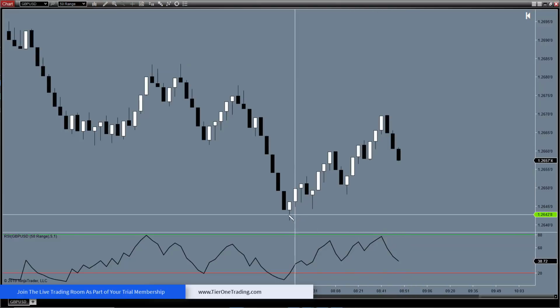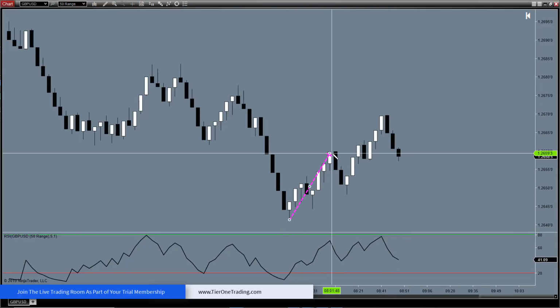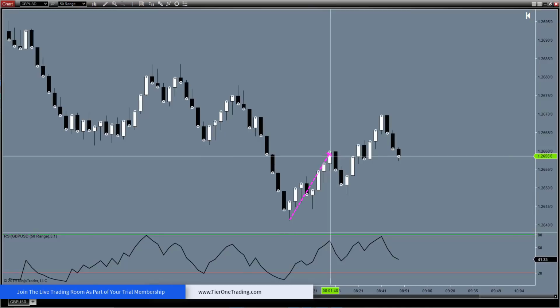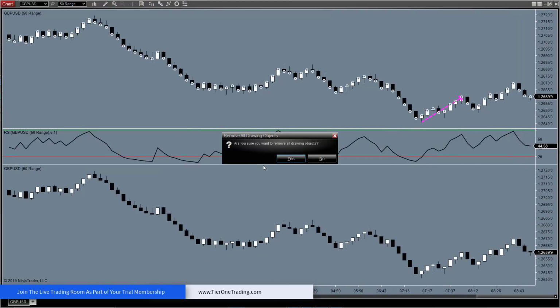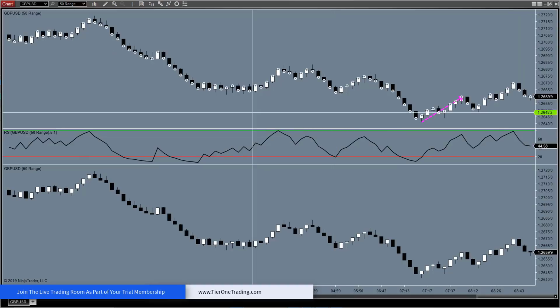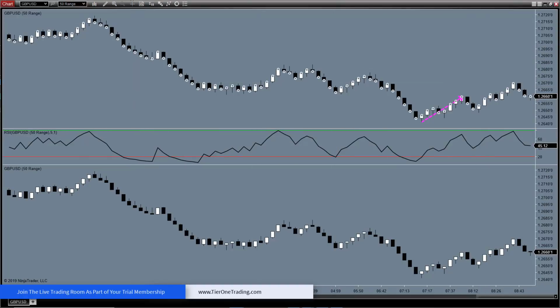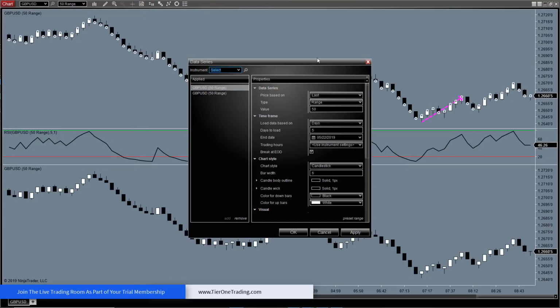So again, here's that complex pullback, basically an AB equals CD pattern. And I just added another chart to my chart. How do I get rid of that? Data series. Let's get rid of you.